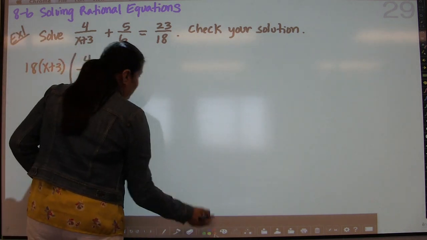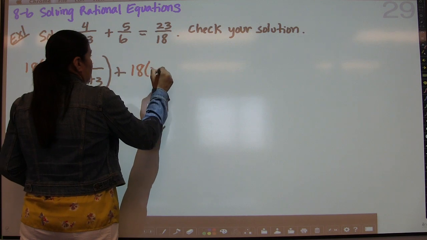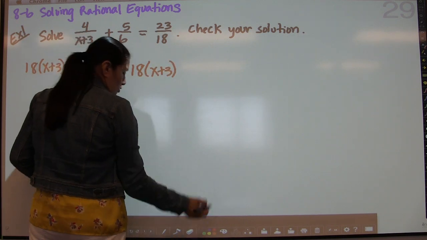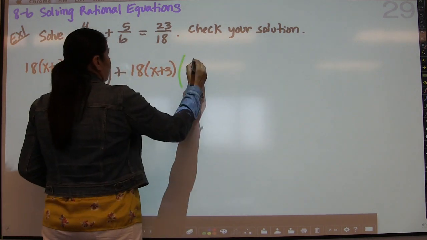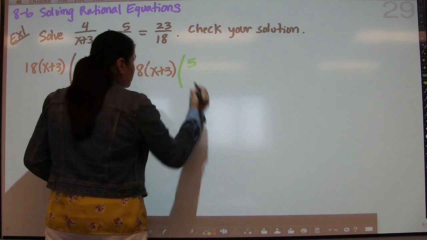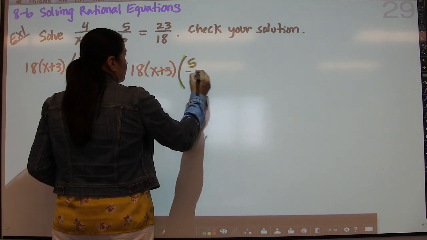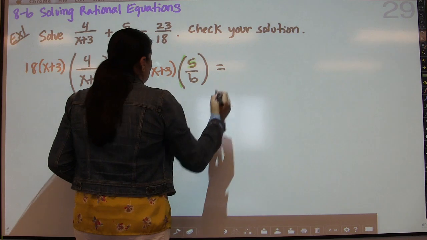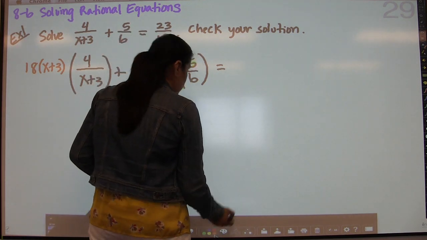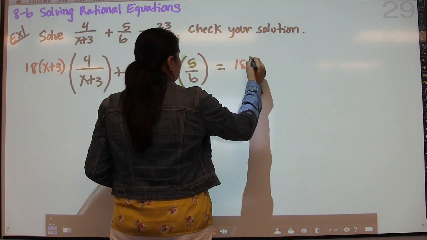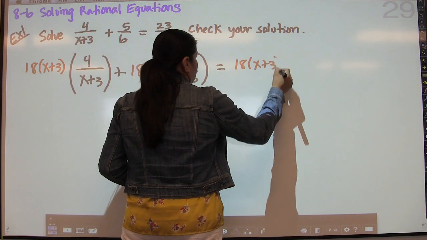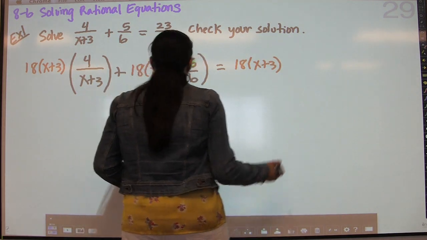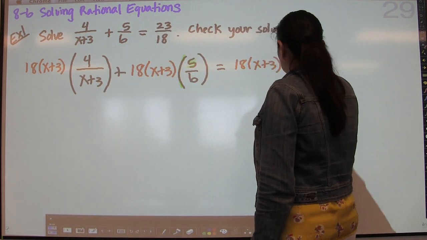I'm also going to take the 18 and the x plus 3 and multiply it by the 5 over 6. And I'm also going to multiply the 18 and the x plus 3 times the 23 over 18.